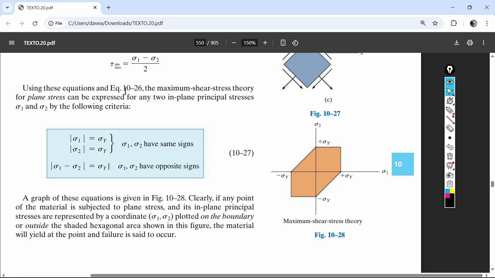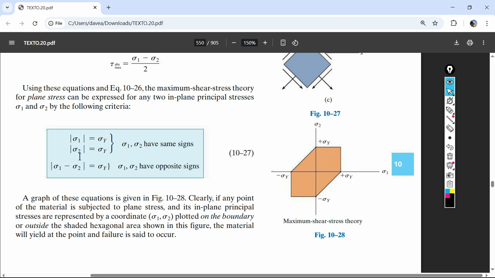Using these equations, the maximum shear stress theory for plane stress can be expressed for any two in-plane principal stresses, sigma 1 and sigma 2, by the following criteria. If principal stress number 1 and principal stress number 2 have the same sign.